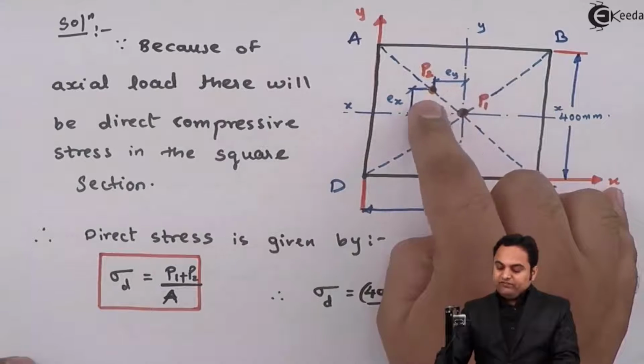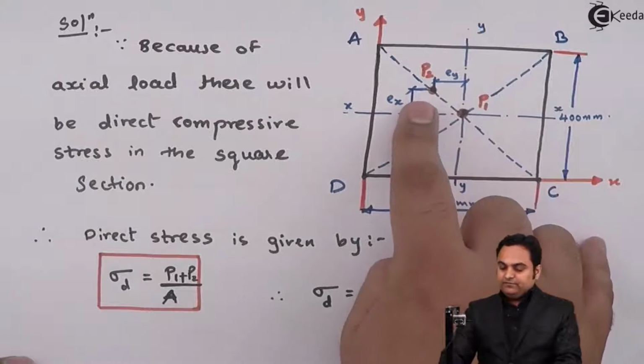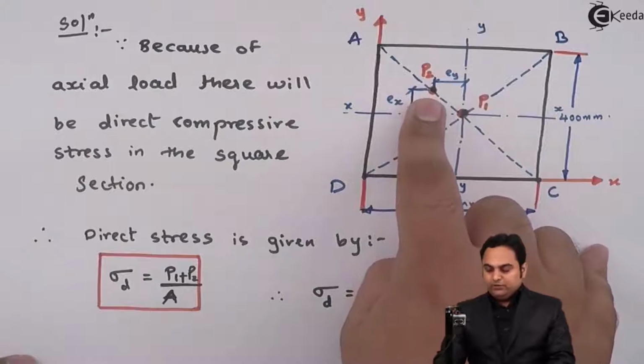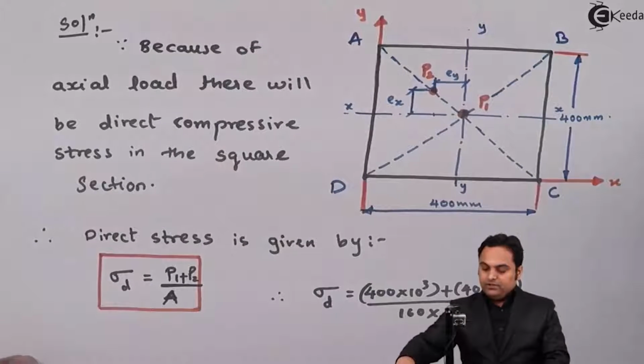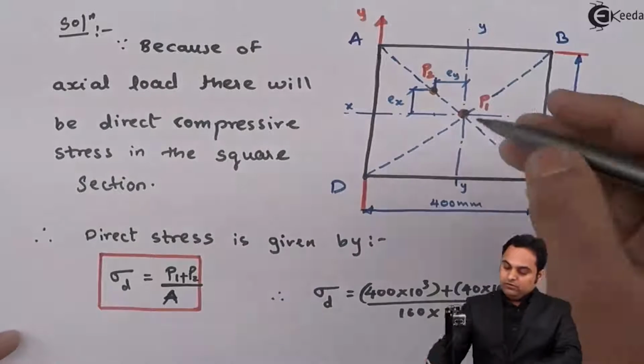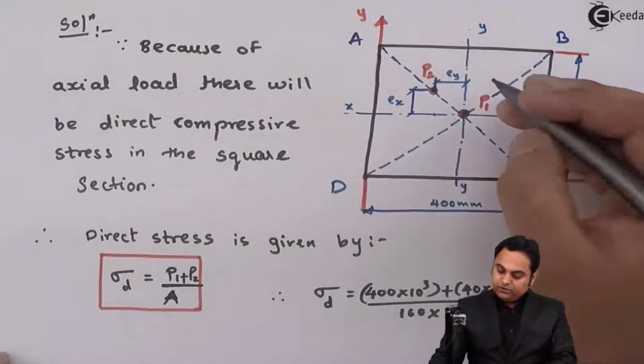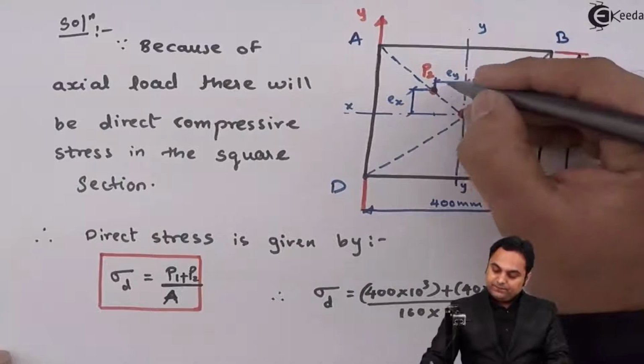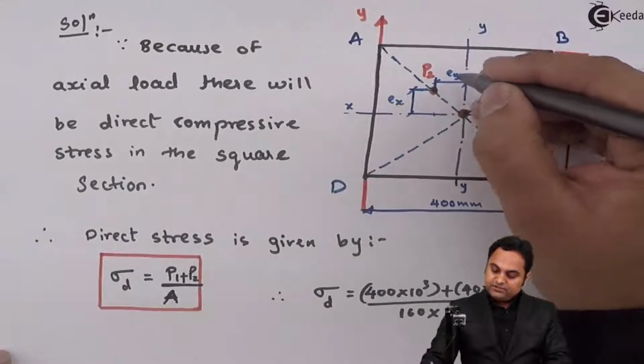So when we are considering bending, at that time we have to take load as P2, and here if we see from this point the load is eccentric at this much distance.